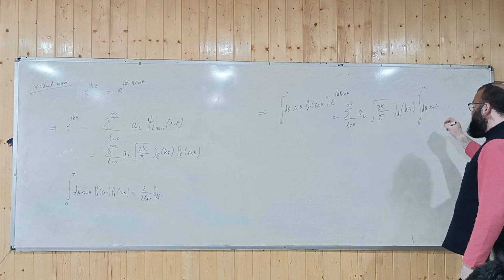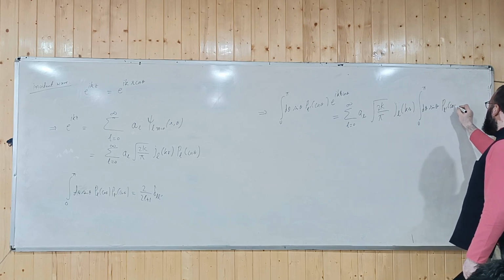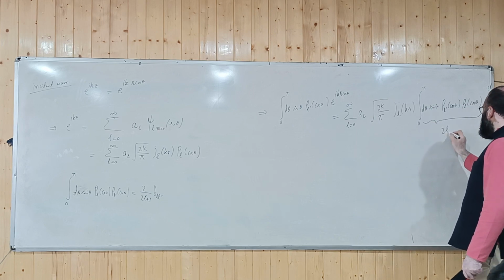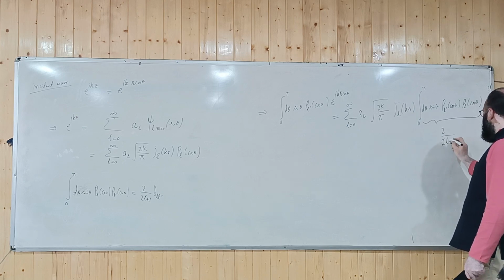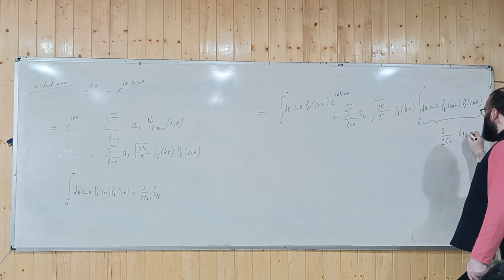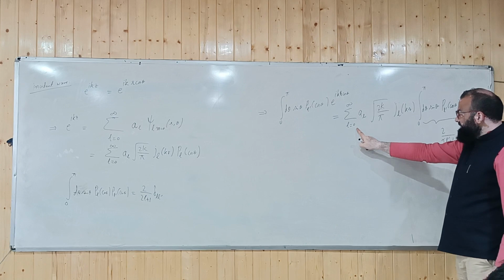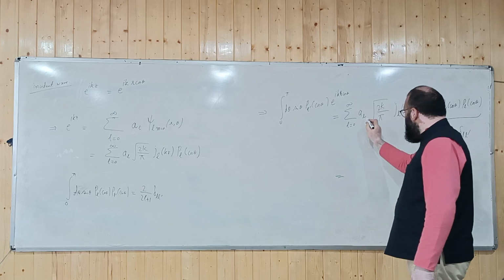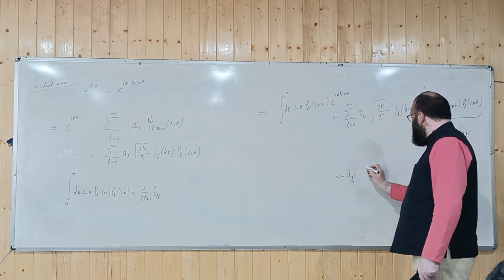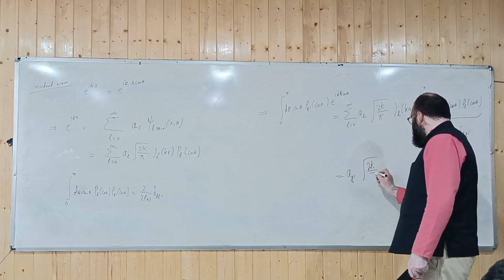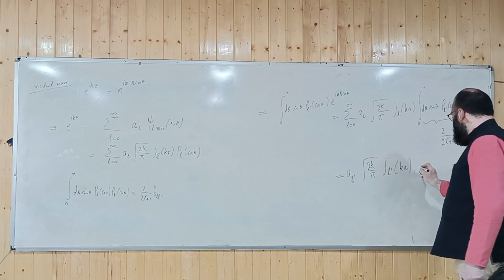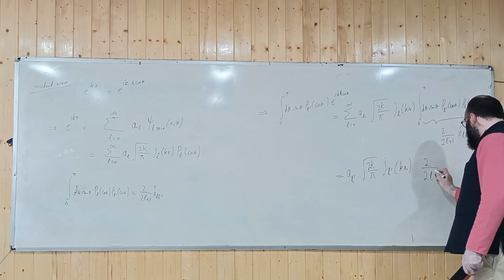What is this equal to? 2 by 2L plus 1, delta_L L prime. Now you sum over L, and L will be replaced by L prime. So it is A_L prime, root of 2k by pi, J_L prime(kr), and there will be this factor 2 divided by 2L prime plus 1.